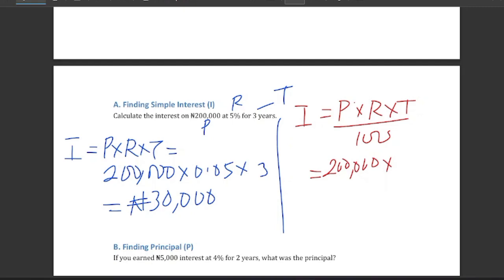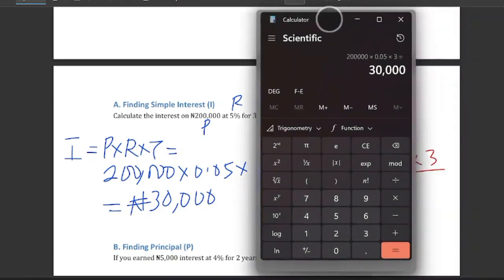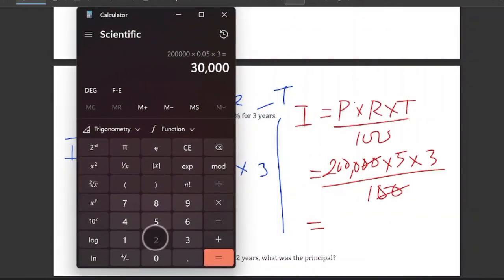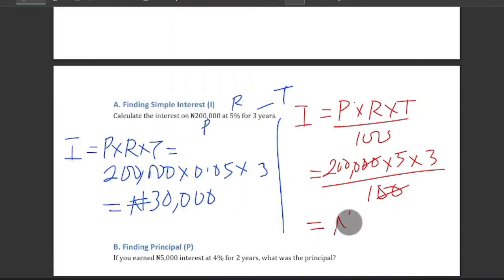Because we have put the 100 under everything here, it's going to be 5, not 0.05, times 3, divided by 100. This 100 here, 0 cancels 0, because everything is multiplication. So we take your calculator again. That will be 2,000, that is what is left there, times 5 times 3. We still get the same amount, which is 30,000 naira. I believe this is very clear to you. So that is one part of it.